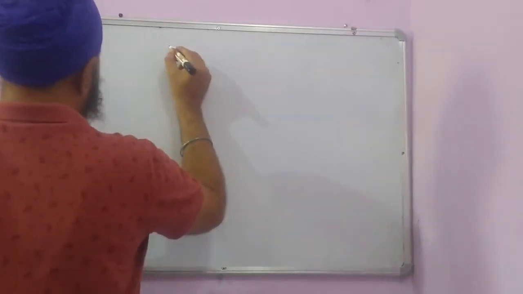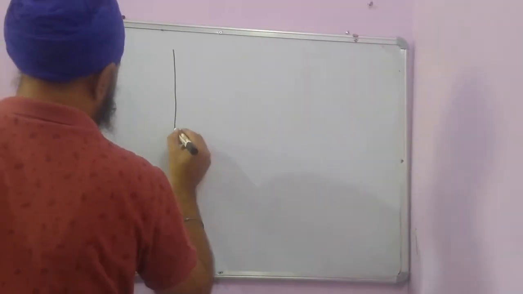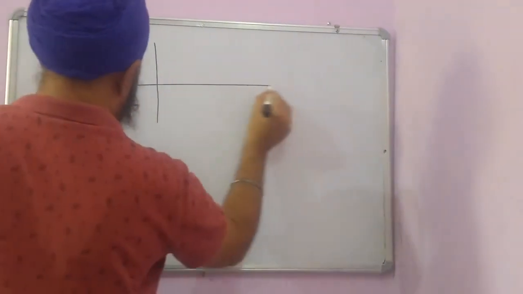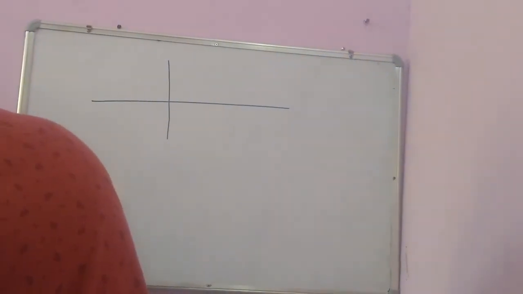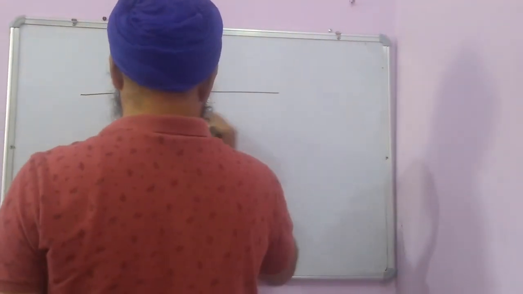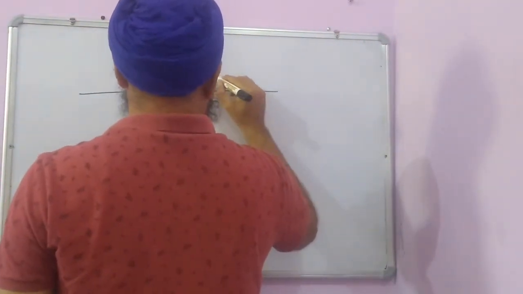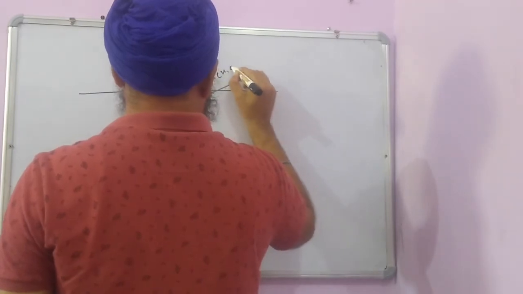A line meets x-axis at A. This point is A. Let this point be (x, 0).